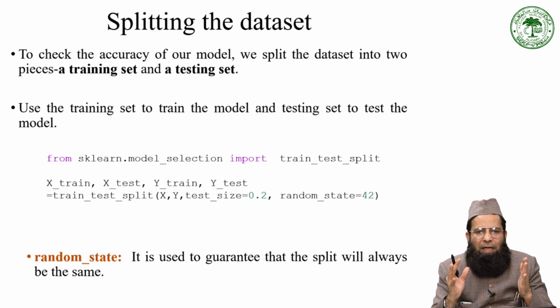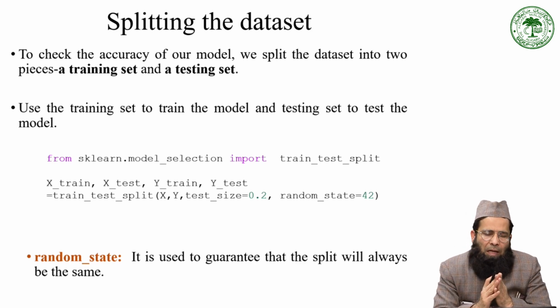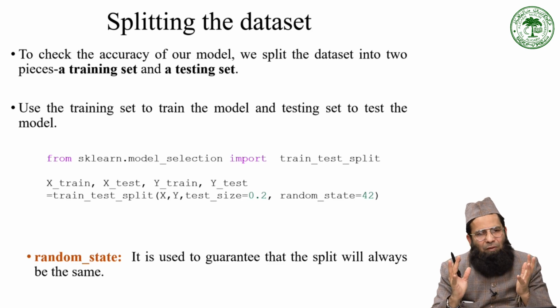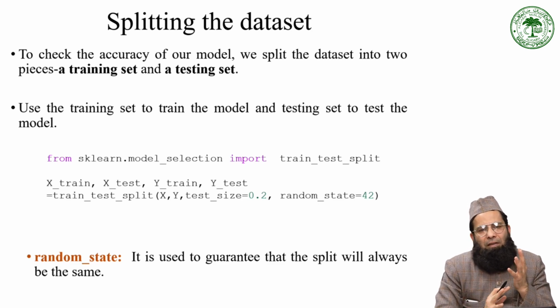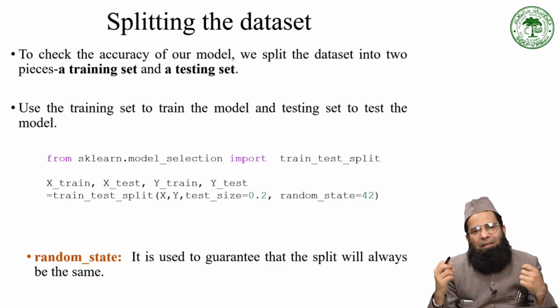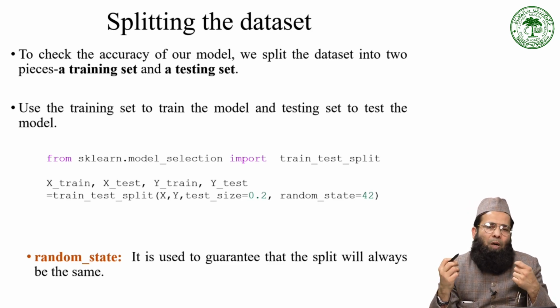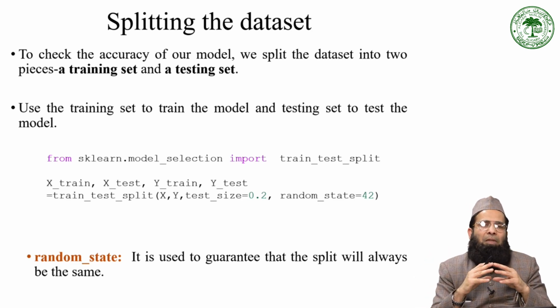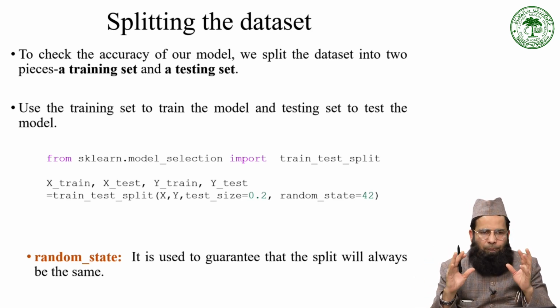We use the training set to train the model, and once the model has been trained, we test the performance of the model using the testing dataset. That is the task we usually perform.